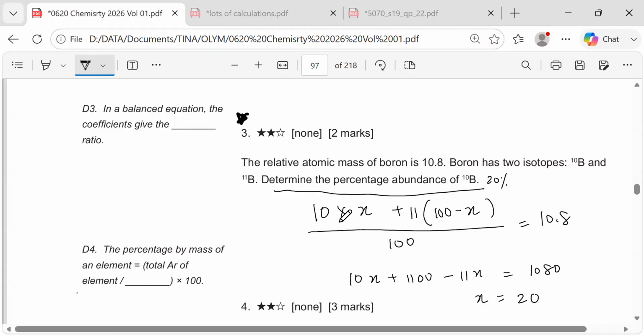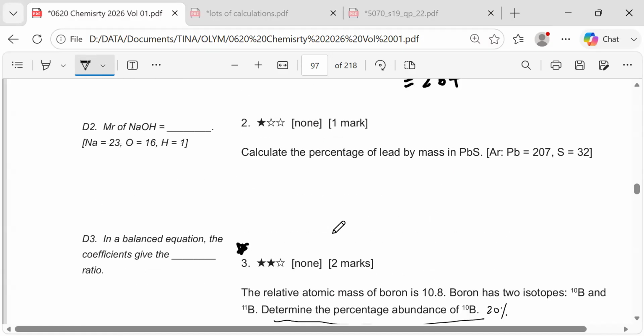So this is the relative mass. Another thing that we're going to learn is the percentage of lead by mass. That means if I have carbon dioxide, how much is the percentage of carbon in carbon dioxide? If I have lead sulfide, how much is lead in lead sulfide? So this is how we calculate. How many lead atoms do you see here? One, and one lead is 207, right?